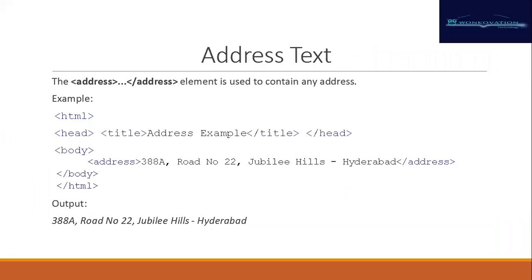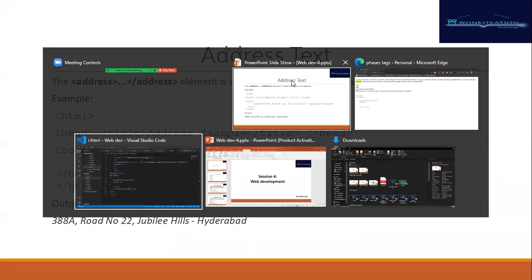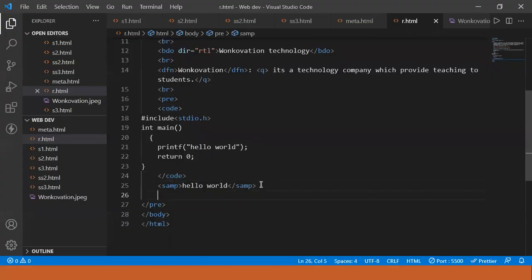Now address text. How can we write address text? The address element is used for containing any address. When we want to write any address, we write it inside the address element, and it looks somewhat like italic text, and somewhat bigger than other text. Writing the address over here, we're using BR so it comes on another line, and using address text we'll write some text.